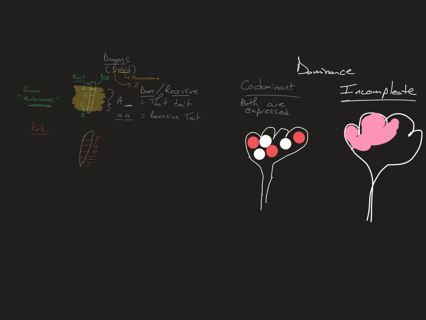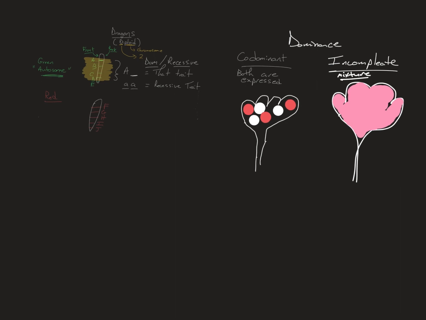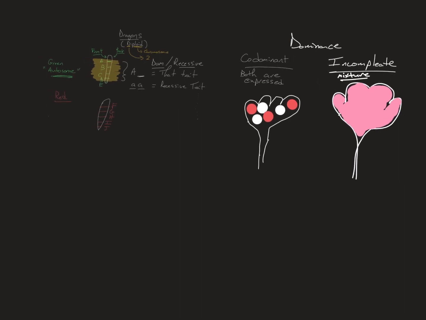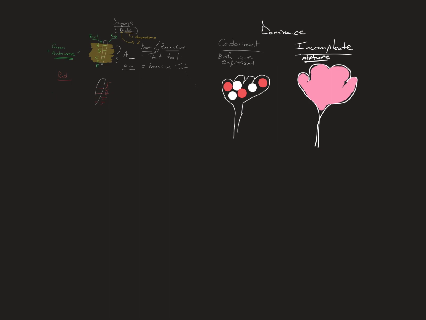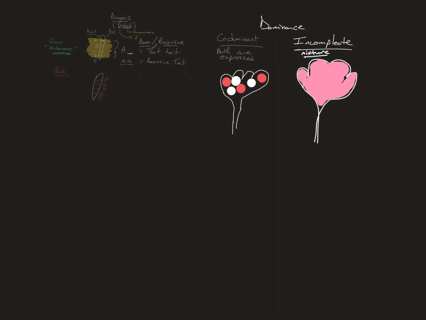Neither red nor white is dominant. They're both incompletely dominant, so they mix. So incomplete dominance is a mixture. That's important for you to know, so make sure you know that this is a mixture. It's easy to confuse the two, and that's why I'm spending the time here. With codominance, you see both red and white. With incomplete dominance, the colors are in between.